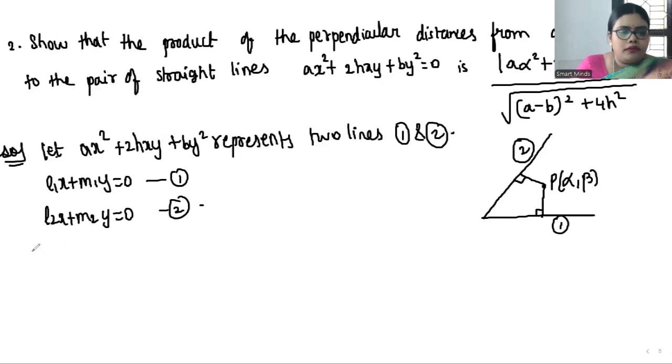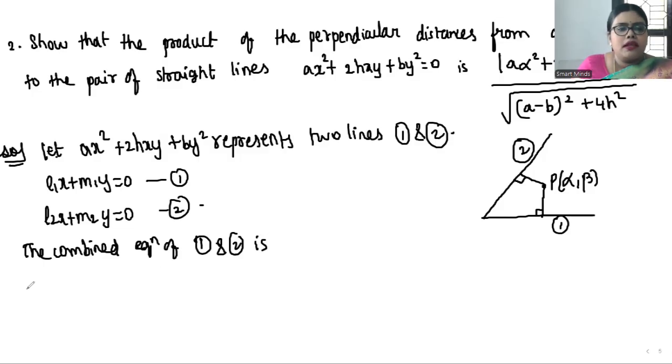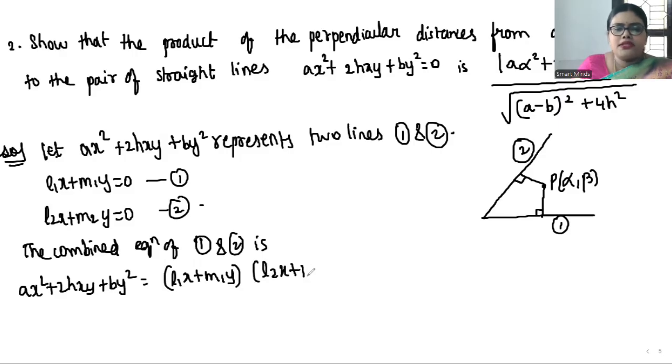Okay, now what is the combined equation? The combined equation of equation number 1 and 2 is ax square plus 2hxy plus by square is equal to (L1 x plus M1 y) into (L2 x plus M2 y).